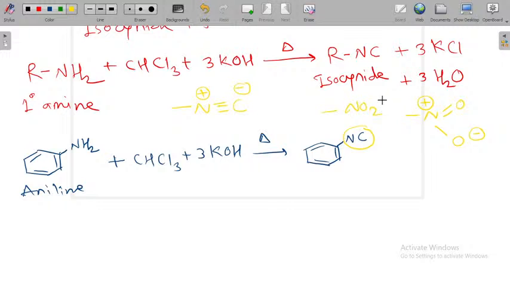We are not giving any charge. Similarly, on the isocyanide group we are not giving any charge. Plus you will get the byproduct 3KCl plus 3 water molecules.